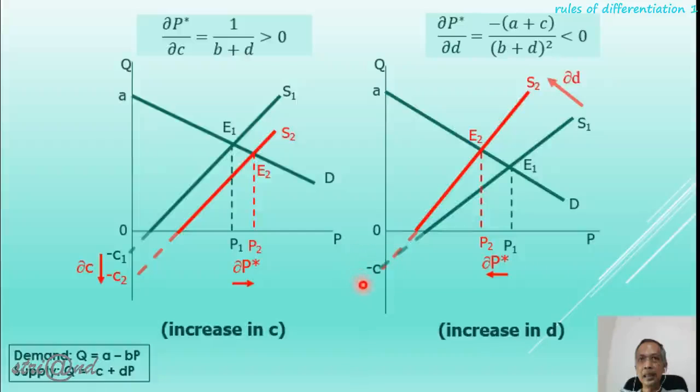The minus C stays here, it does not change because we are not talking about a change in C, we are talking about a change in D. When the supply curve rotates from S1 to S2, the equilibrium point moves from E1 to E2, and then the price moves from P1 to P2. So when D increases, the equilibrium price decreases. It is in line with the partial derivative here. It is less than 0 or negative. It means that when D increases, the equilibrium price will decrease.